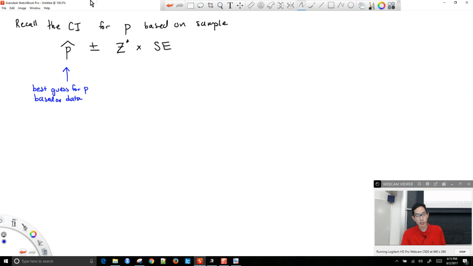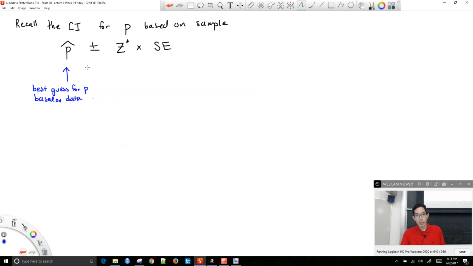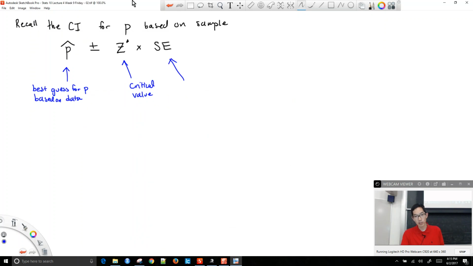Our best guess is the sample proportion. Z star is our critical value, and that comes from the z table, or I just said there's 4 values you need to know: 1.28, 1.645, 1.96, and 2.58. That's the critical value. And SE is our standard error.